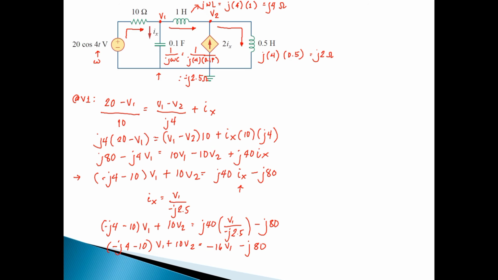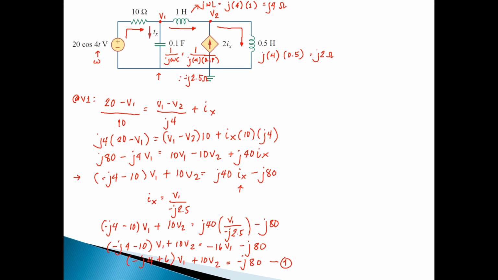On the left side, we'll have (negative j4 plus 6) V1, since negative 10 plus 16 is positive 6, plus 10 V2 equal to negative j80. So this will be our first equation.